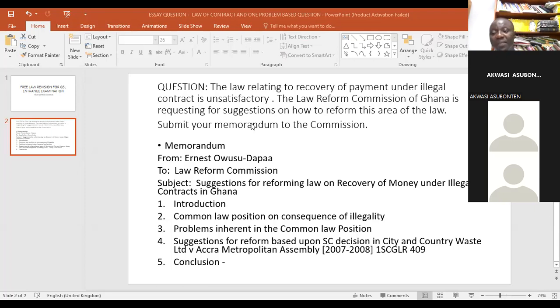For that matter, it is illegal contract and you cannot recover. Now, this is the common law position.